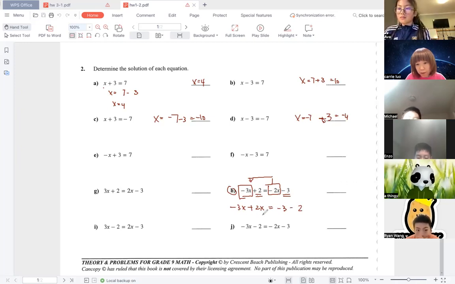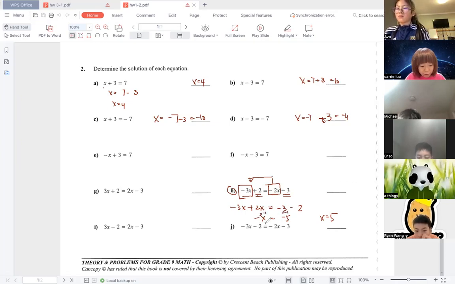So before they have the -3, so it's -2. So -3x plus 2x equals -x. So -3 minus 2 equals -5. So -x equals -5. Ava, x equals 5. Get it? Why x equals 5 is because you times -1 for both the left side and the right side.